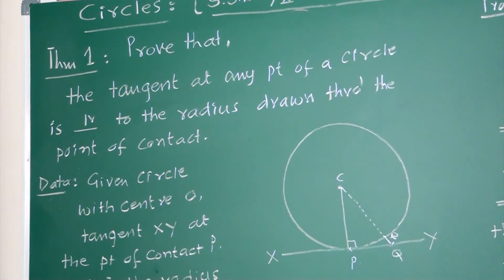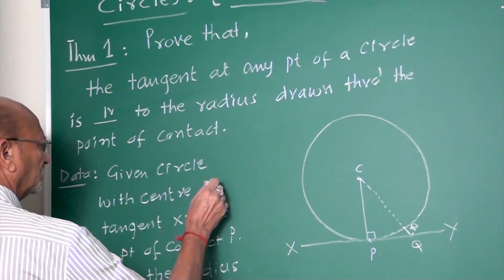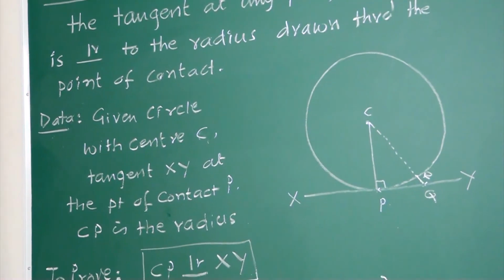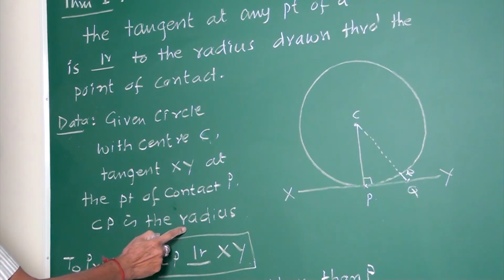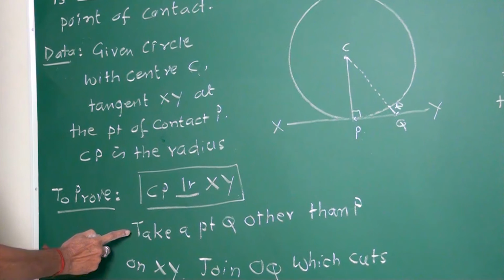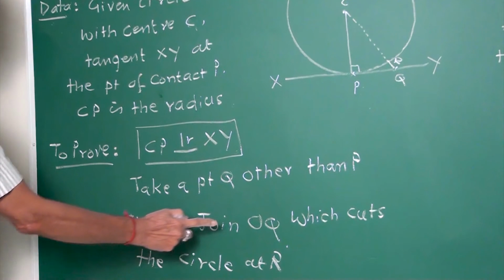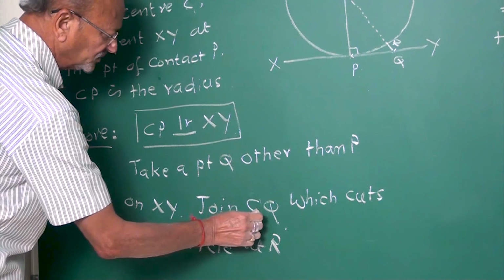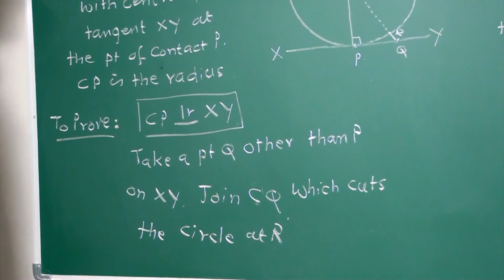Given a circle with center C, tangent XY at the point P. CP is the radius of the circle. To prove CP is perpendicular to the line XY, take a point Q other than P on the line XY. Join CQ, which cuts the circle at the point R.